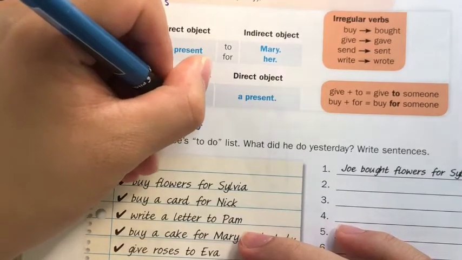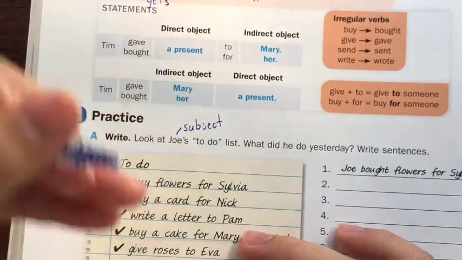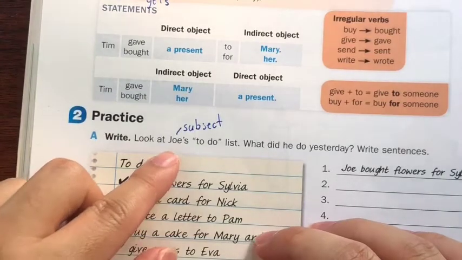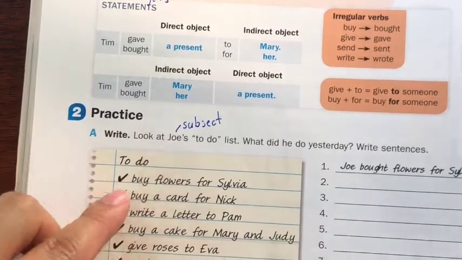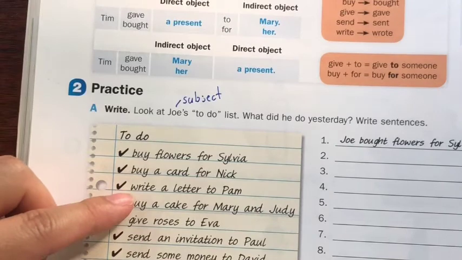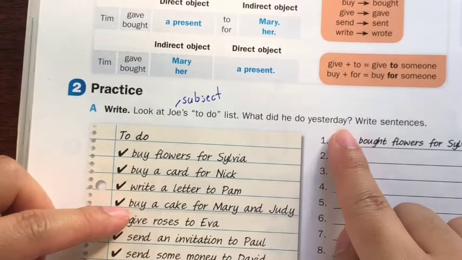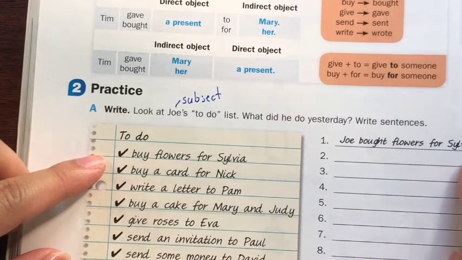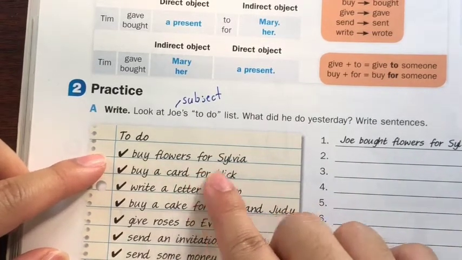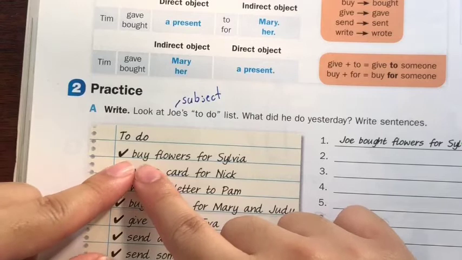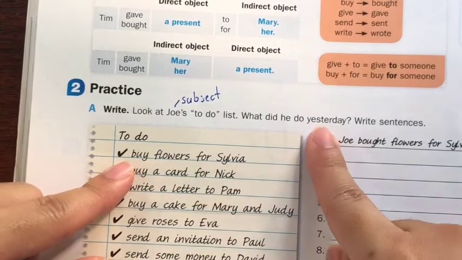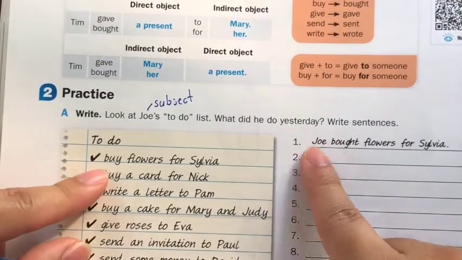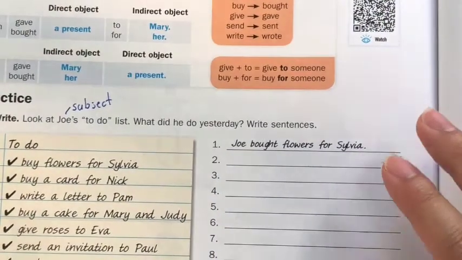Joe is the person who is doing all of the verbs, all of the activities, the actions. So what did he do yesterday? Okay, so let's see. He bought flowers for Sylvia. Buy flowers for Sylvia, but we write buy in past tense because we're talking about yesterday. Joe bought flowers for Sylvia.